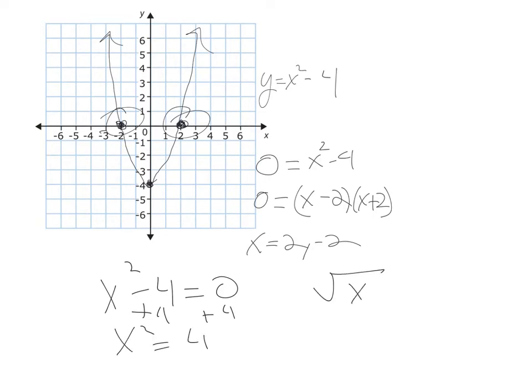The square root of x squared therefore would equal the square root of 4, which means x would equal 2 and negative 2, because 2 and negative 2 are the square roots of 4.